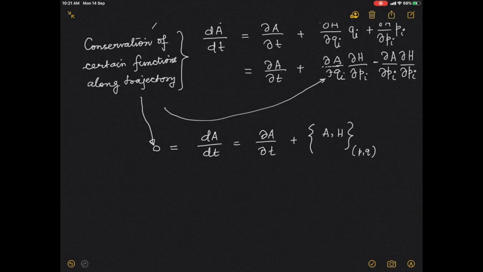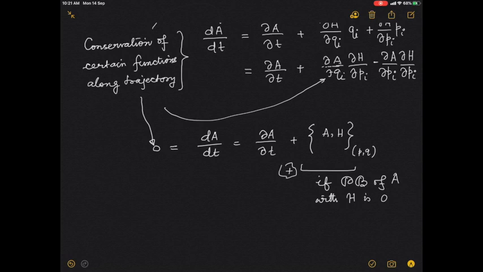So that conservation actually can be tested in terms of Poisson bracket. I have to first check if A is a function of time explicitly, plus I have to check if the Poisson bracket of A with the Hamiltonian is 0. If the Poisson bracket of A with H is 0, plus A does not depend on time explicitly.